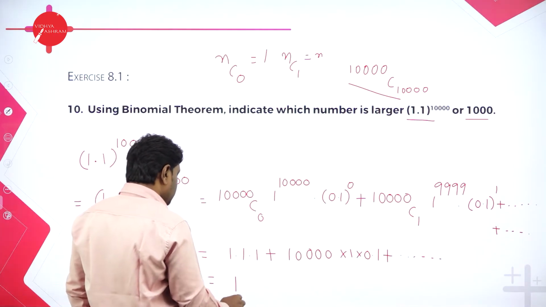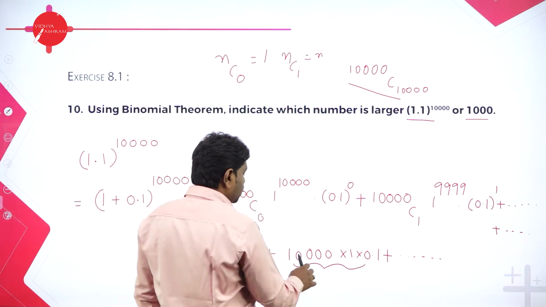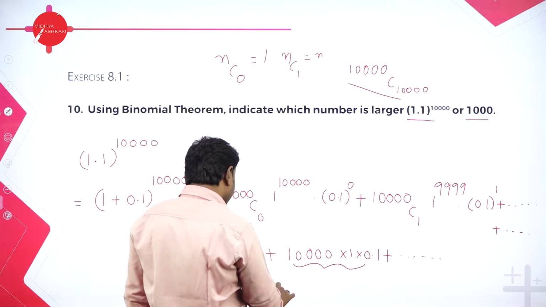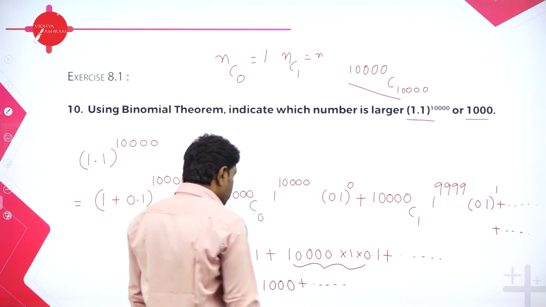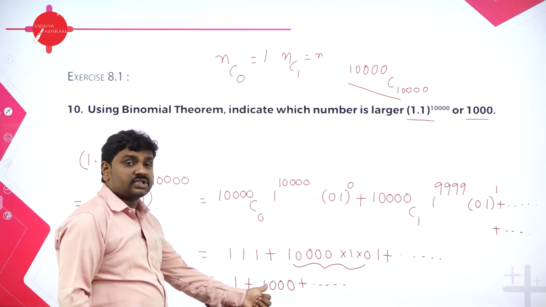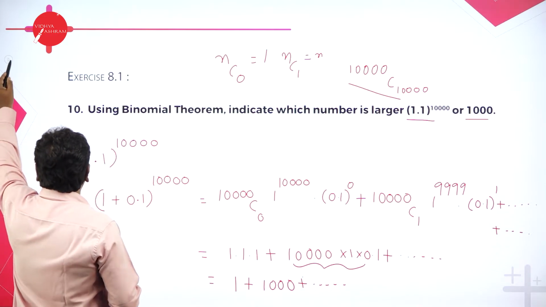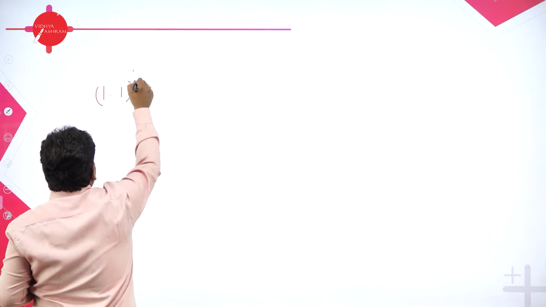Now 1 plus, see, if you multiply these three, 10,000 into 1 is 10,000, into 0.1 means it will become 1000, plus so on. Please observe, 1 plus 1000 is more than 1000. So now further, I have 1.1 power 10,000.